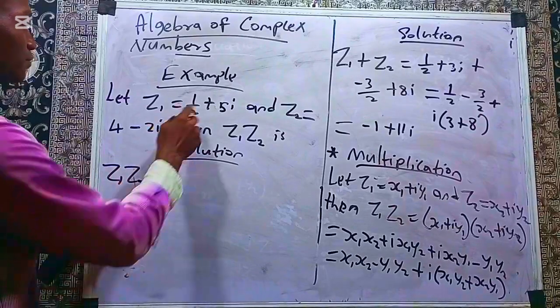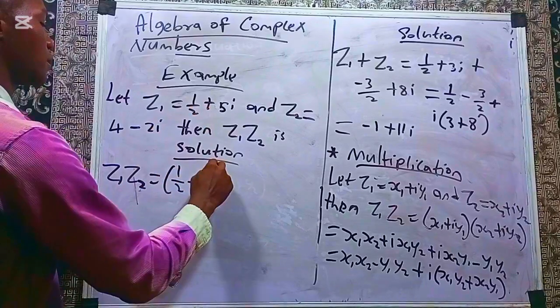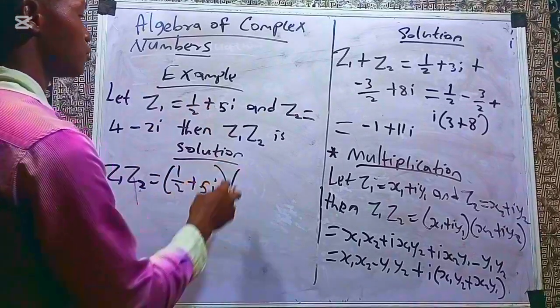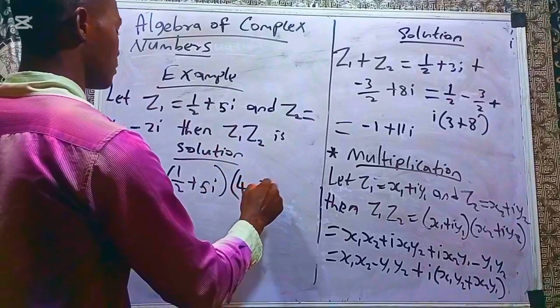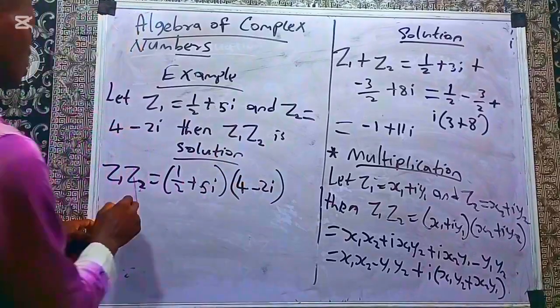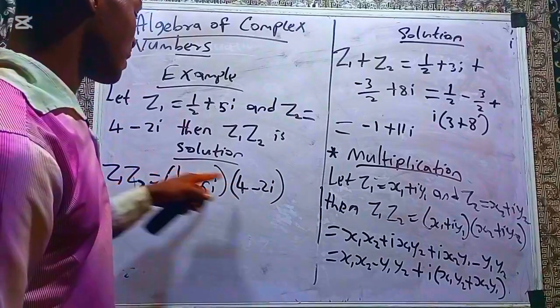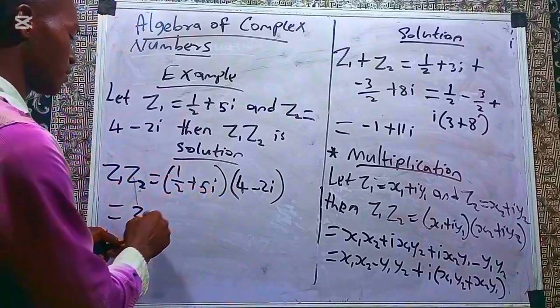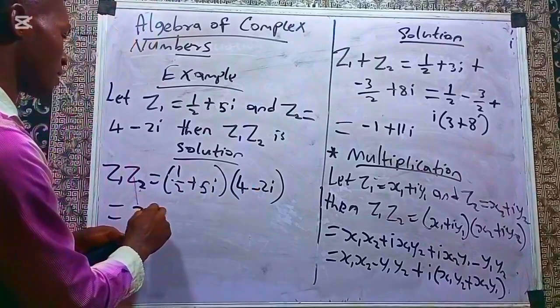Your z1 is 1 over 2 plus 5i, and your z2 is 4 minus 2i. So if you multiply 1 over 2 times 4, that's half times 4, which is 2. Half times minus 2i will give you minus i.